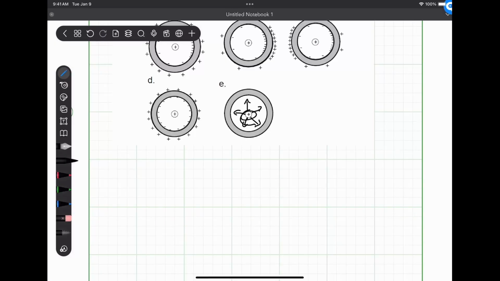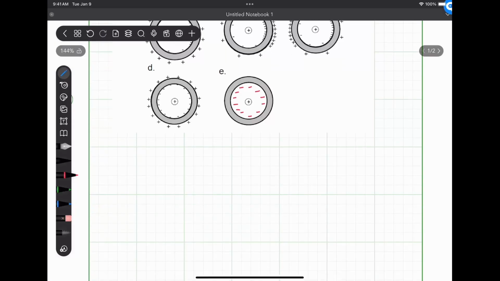In that case, we have an induced charge where we must have a buildup of electrons being attracted to the positive charge on the inside. And because charge cannot be created or destroyed in most cases, there must be an equal and opposite amount of charge on the outside. Okay, that is the basic idea.